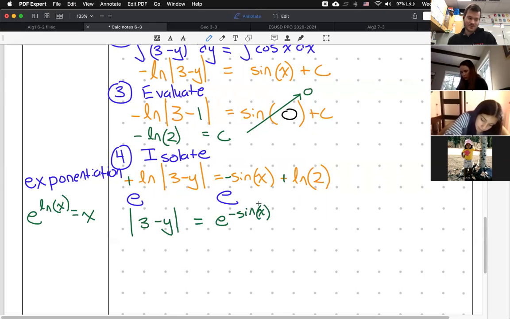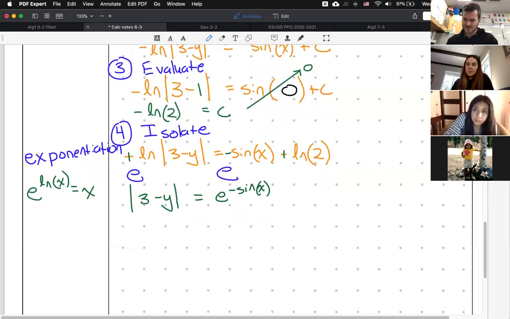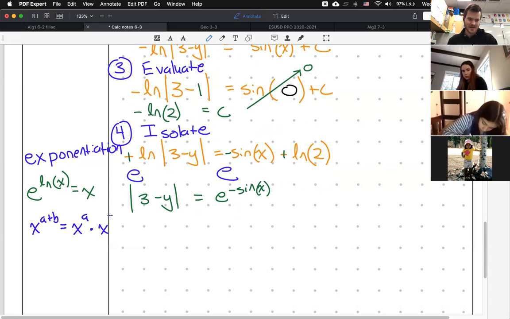And there's a trick I'm about to do. There's going to be a lot of tricks back to back to back. So yes, I could write plus natural log of 2 in the power, but there's this other rule of exponents that states this. If I have x to the power of a plus b, this is the same thing as x to the power of a times another base of x to the power of b.